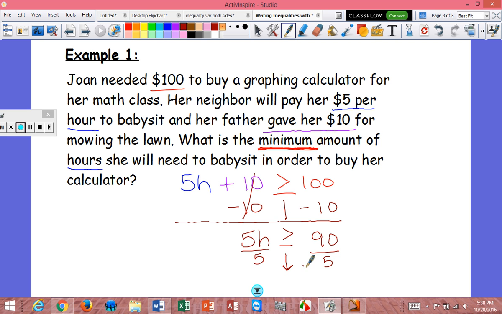Since I'm dividing by a positive, I get to keep the symbol the same. And 90 divided by 5 is 18. So, as of now, we're saying that she needs to babysit for at least 18 hours if she's going to buy this calculator. Let's go ahead and check it just in case.